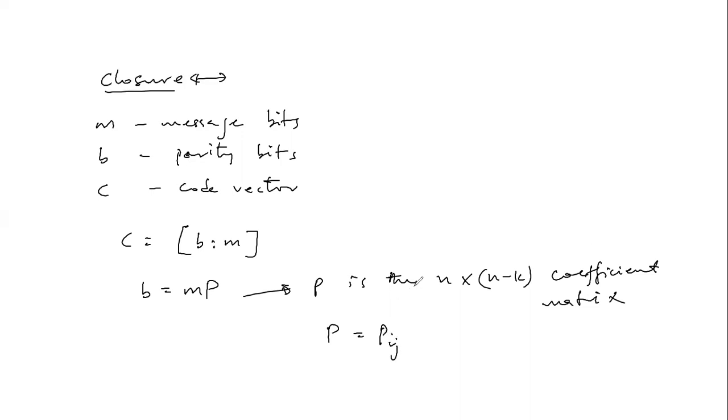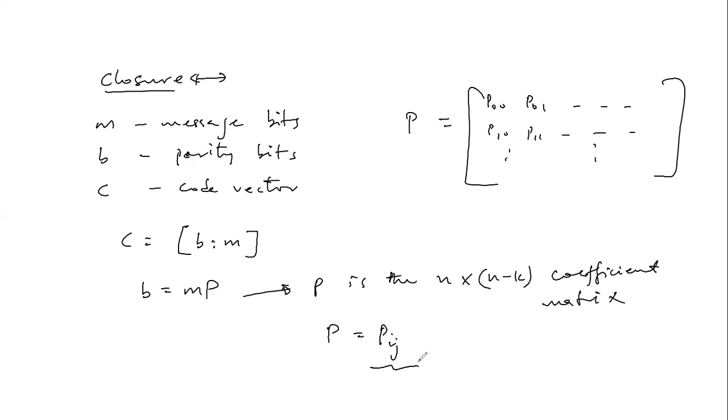You already know that we could populate the matrix, say P00, P01, all the way, P10, P11, just that way. So it's a matrix, and we rather say P sub i j.